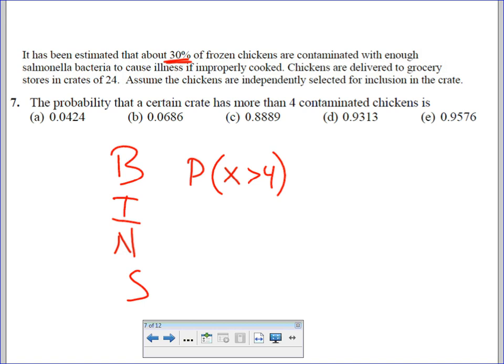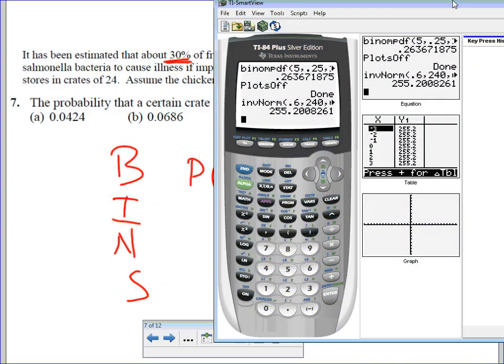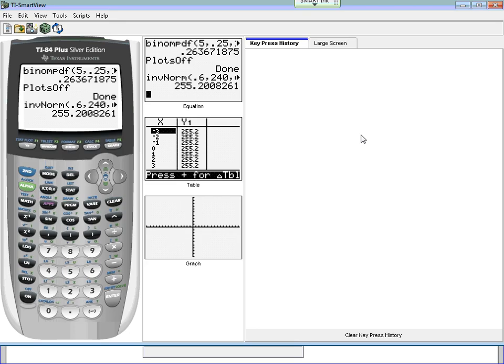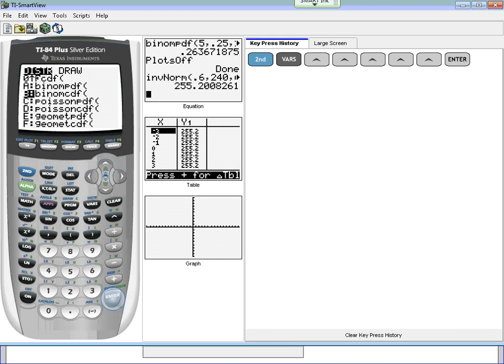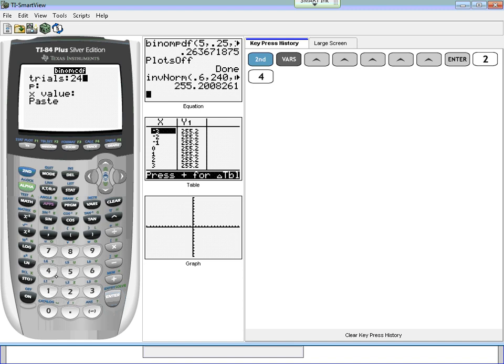So what we'll do is a binomial CDF. Trials is 24 chickens in each crate. The probability that it would be infected is 0.3. Our X value is 4. So this is going to be 4 or less.